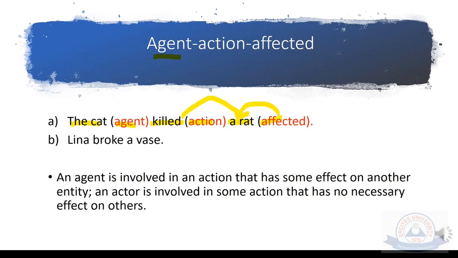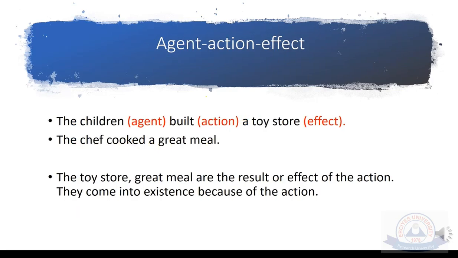The same example is like Lina broke a vase. Lina is the agent, break is the action, a vase is the affected item. So an agent is involved in an action that has some effect on another entity. An actor is involved in some action that has no necessary effect on others, actually.